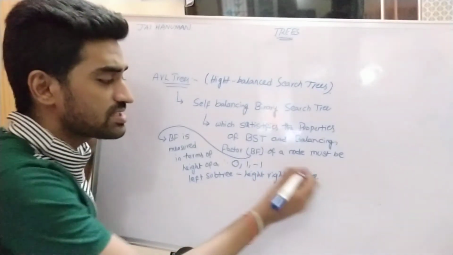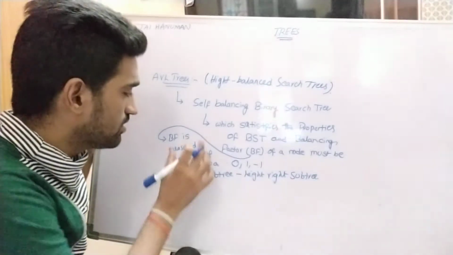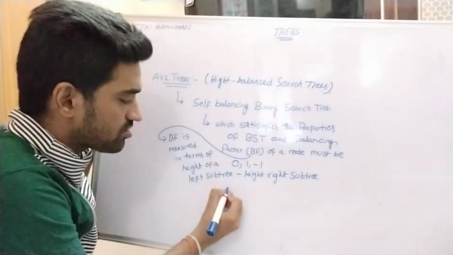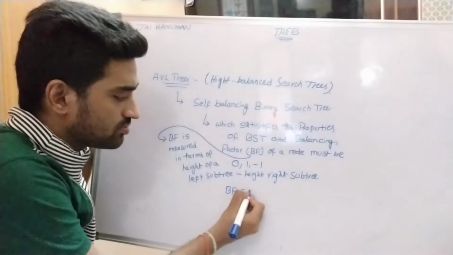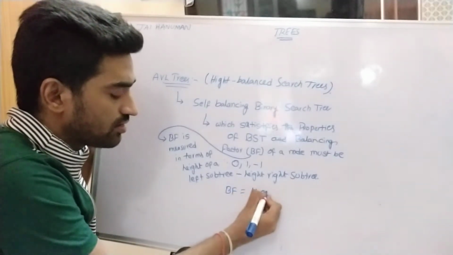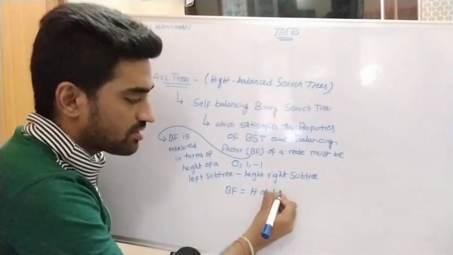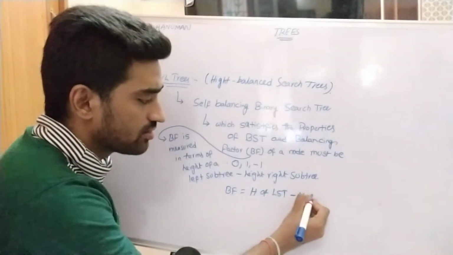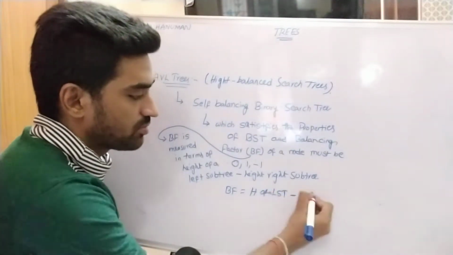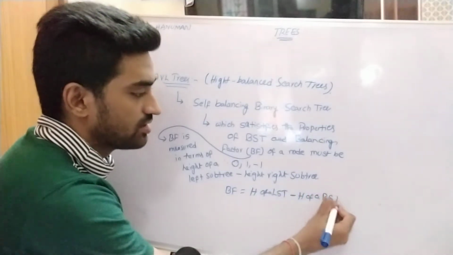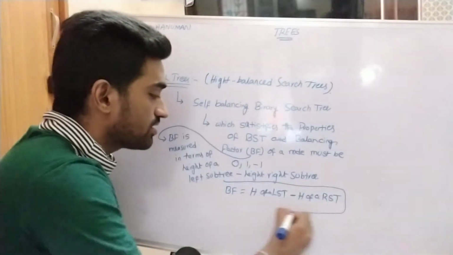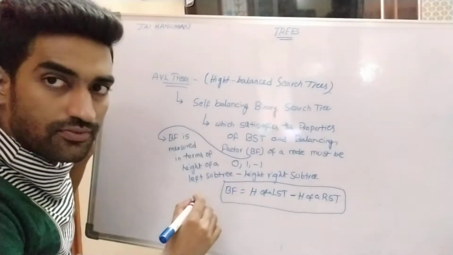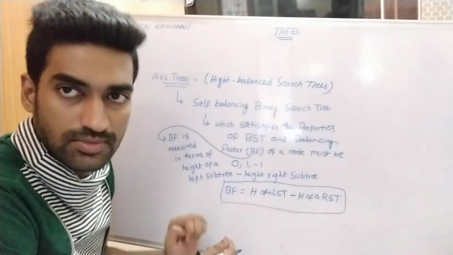So what is the formula for calculating the balancing factor of a node? Balancing factor is equal to the height of the left subtree minus the height of the right subtree. This is the formula for calculating the balancing factor of a node in AVL trees.